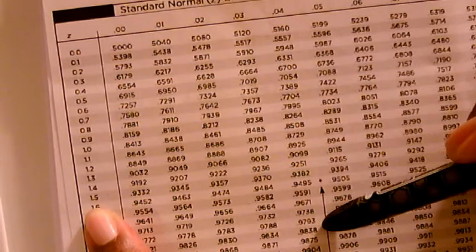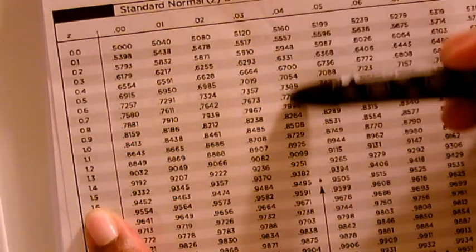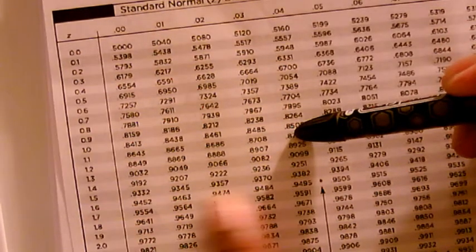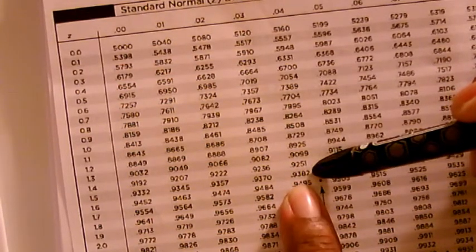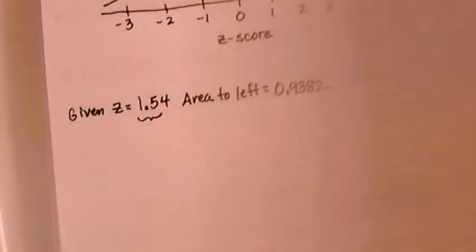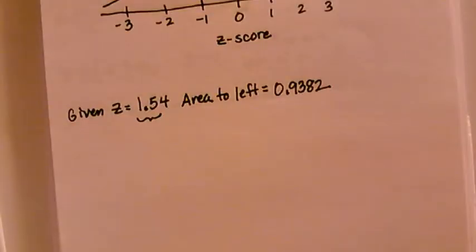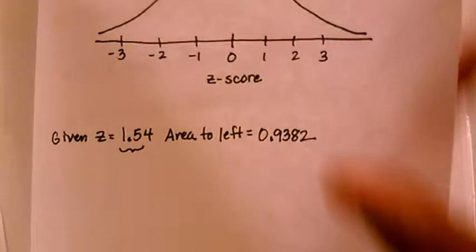That's this column here. So I read down that 0.04 column at 1.5, and you'll see that it's 0.9382. So the area to the left of that z value of 1.54 is 0.9382.